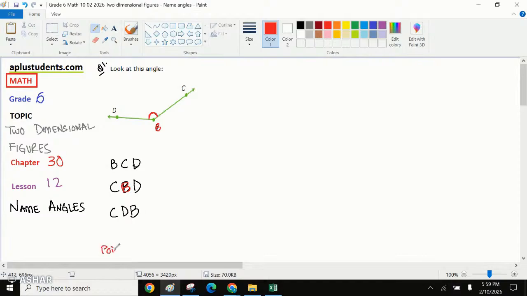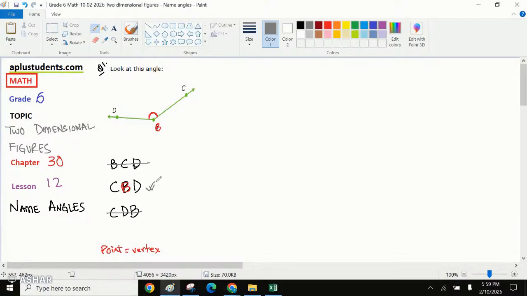A point is also known as a vertex, so the vertex B has to be in the middle. Therefore, this cannot be the answer. But this angle can be labeled by C, B, and D. Whenever you see C, B, and D, we know that we need to find the middle angle, that is the angle B.